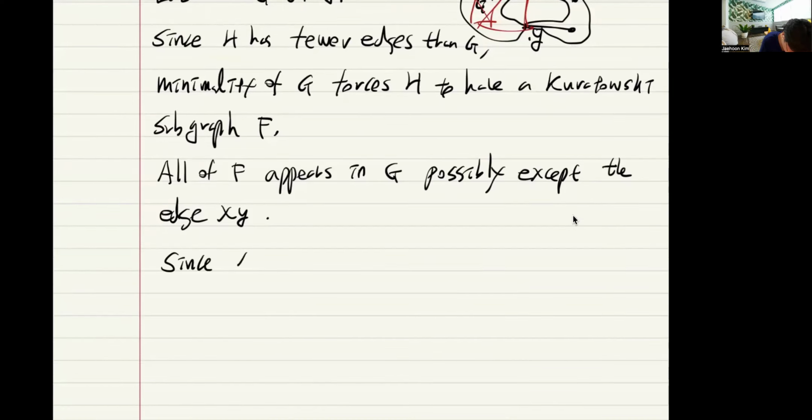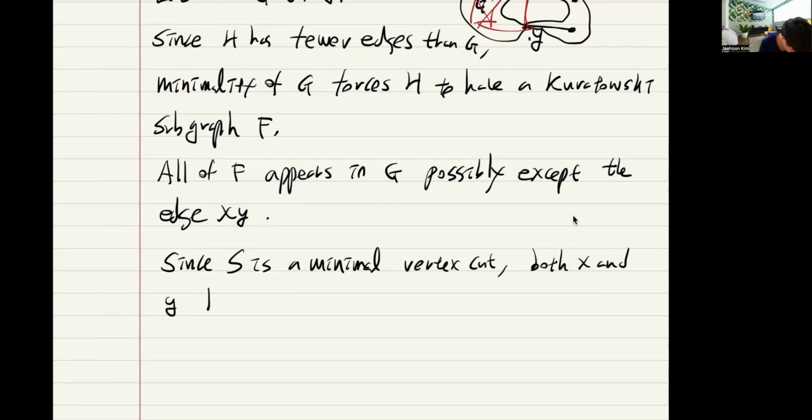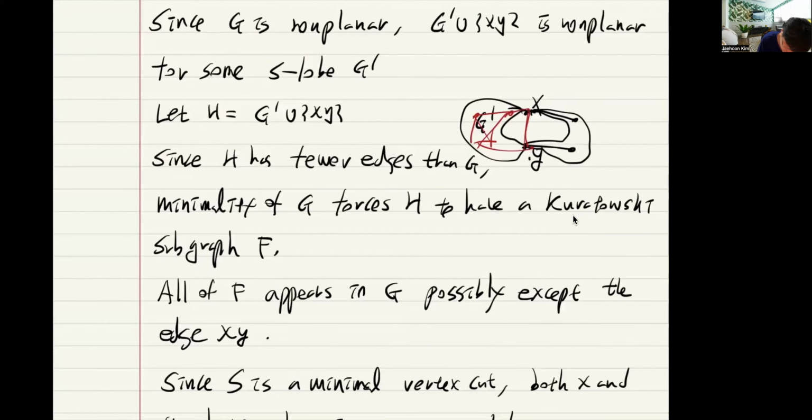But since S is a minimal vertex cut, it is a two-connected graph. So the vertex cut of size 2 is minimal. Both x and y have neighbors in every slope. Thus, instead of taking this edge, we can take this path through some other slope G''.